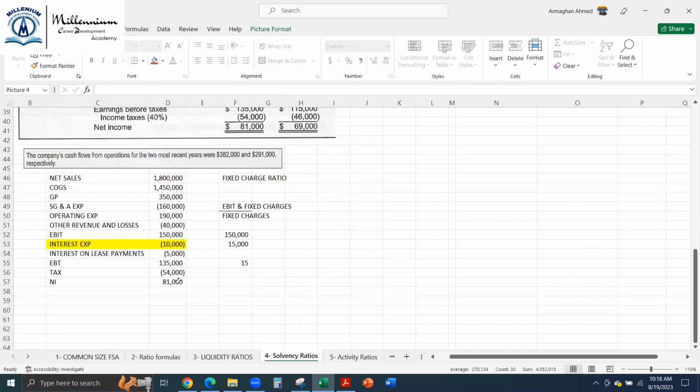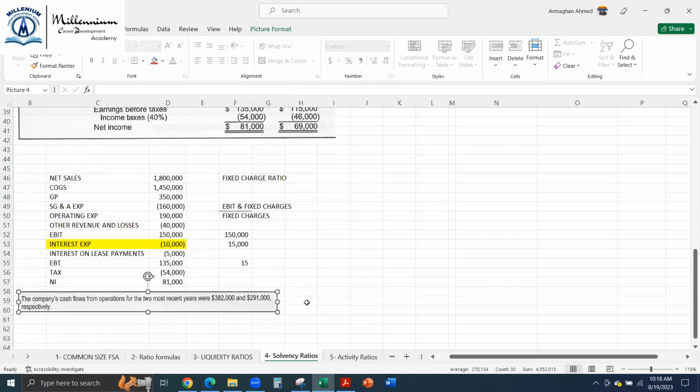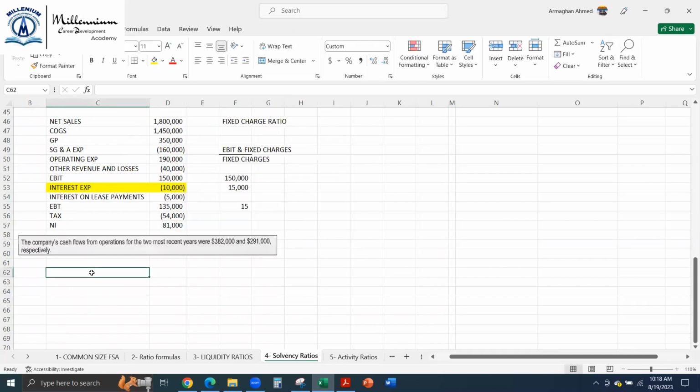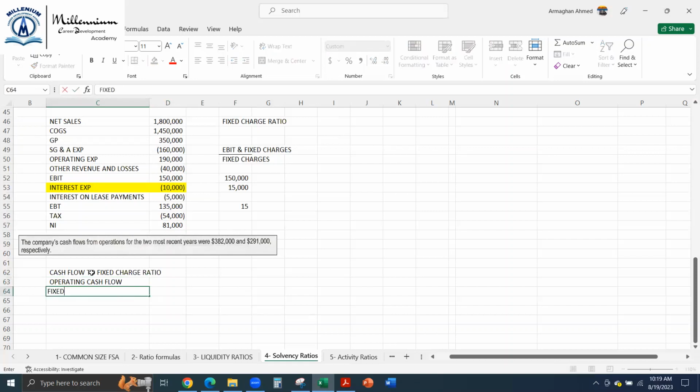How can we calculate it here? What is the formula? Operating cash flow divided by fixed charges, right?